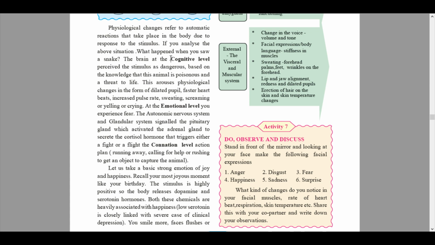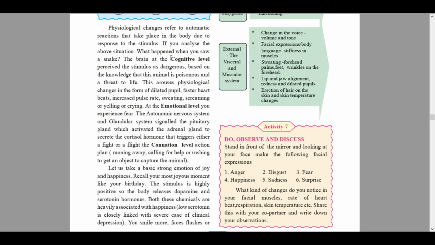Physiological changes refer to automatic reactions that take place in the body in response to a stimulus. If you analyze the above situation, what happened when you saw a snake? The brain at the cognitive level perceives the stimulus as dangerous, based on the knowledge that this animal is poisonous and a threat to life. This threatens your existence.